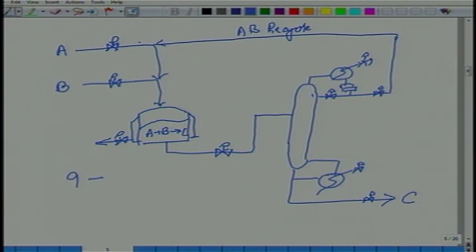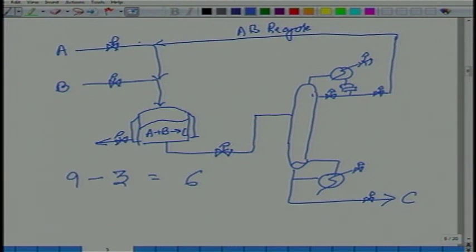Non-reactive inventories. 2 levels, 1 pressure. Okay. Degrees of freedom? 6.